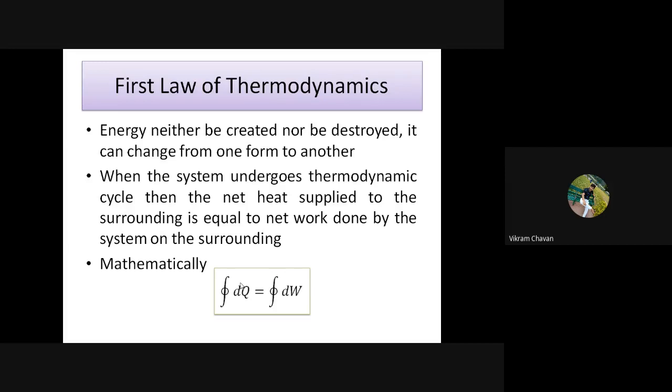Please note down the first law of thermodynamics.